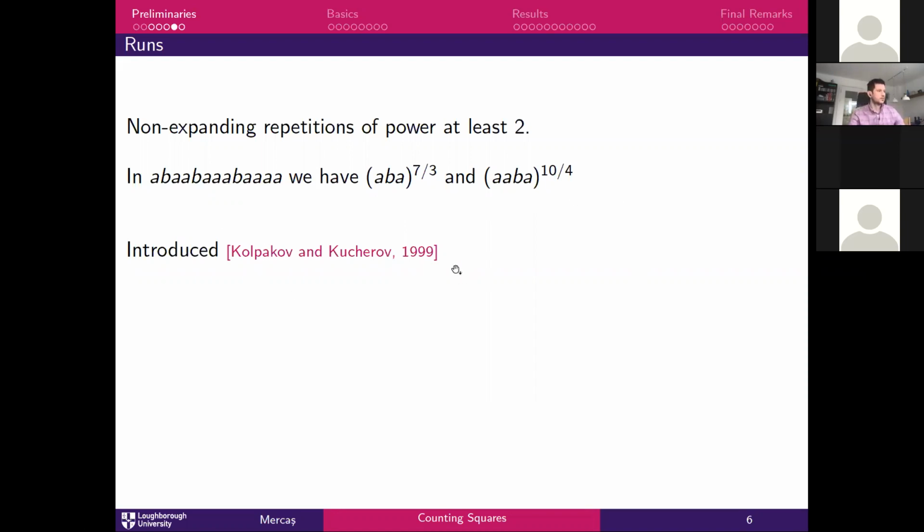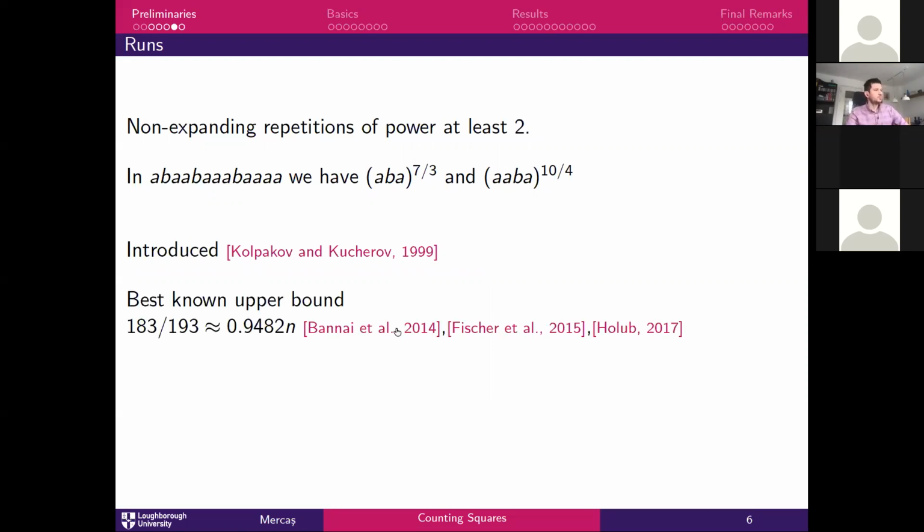This problem was introduced only a year later compared to the distinct squares. When I'm talking about runs, I'm not talking about distinct runs, so you can count a run over and over again. It was proved that the number of runs is at most n by Bannai et al. in 2014.